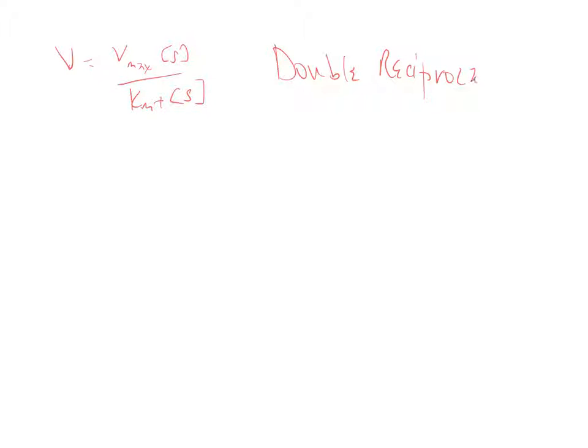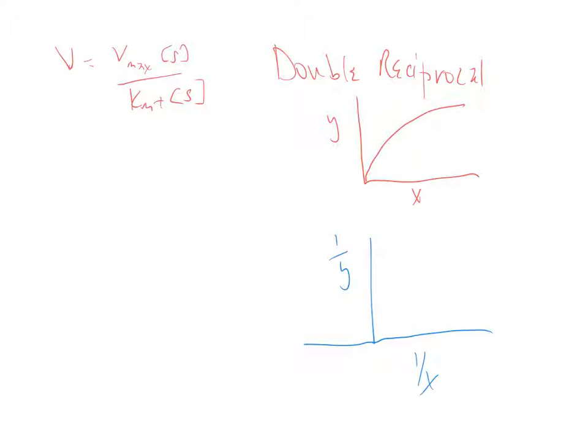Normally, this is y and this is x, and it looks like this. If you do 1 over y, and you plot it versus 1 over x, it'll look like this. Oops, that's supposed to be a straight line. It's not too shabby, but it's supposed to be a straight line. It transforms it and turns it into a straight line. Okay.